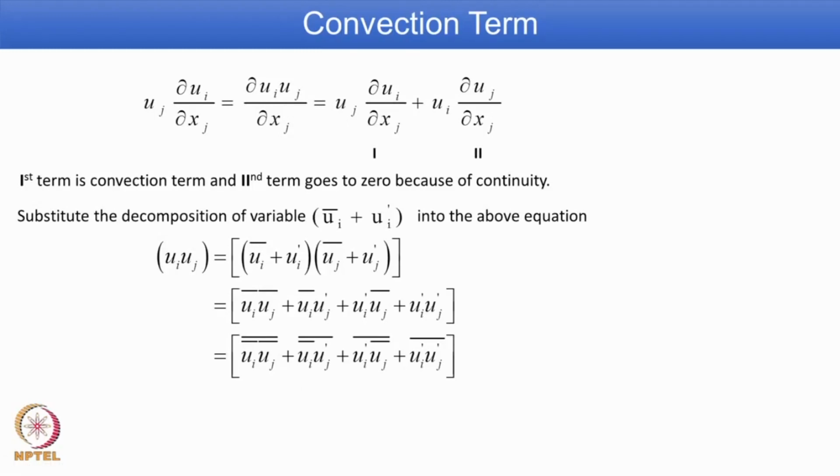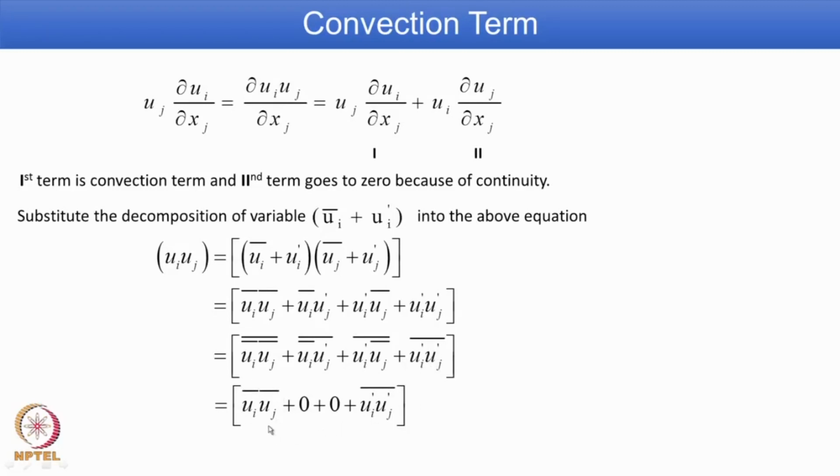The time averaging on the fluctuation in the second term, and here also on the third term, will go to 0. So, we have the first term u_i bar u_j bar, and the last term u_i prime u_j prime bar.